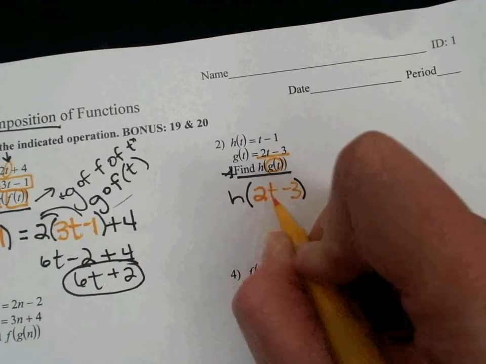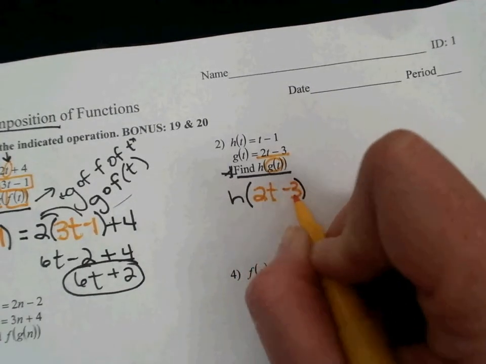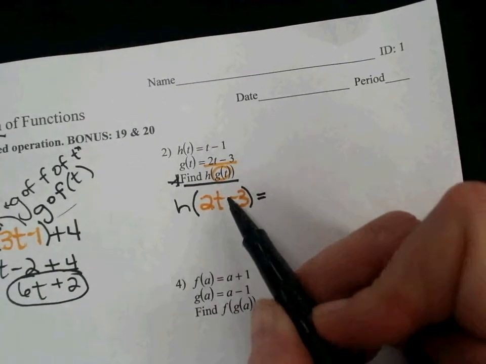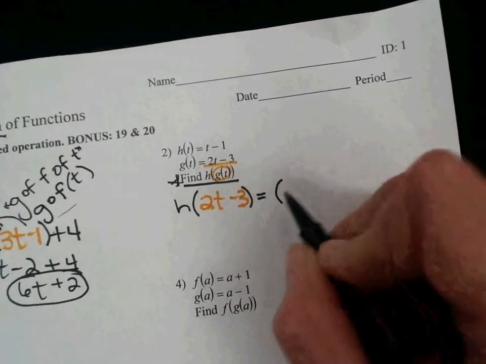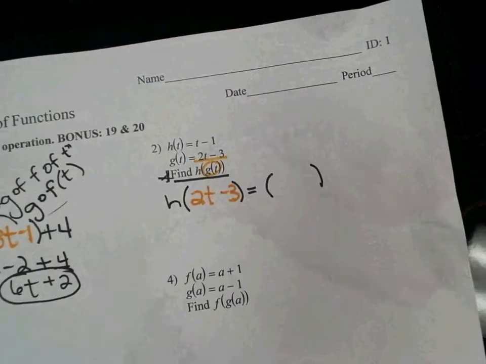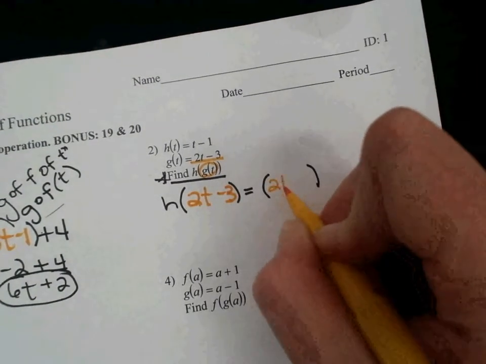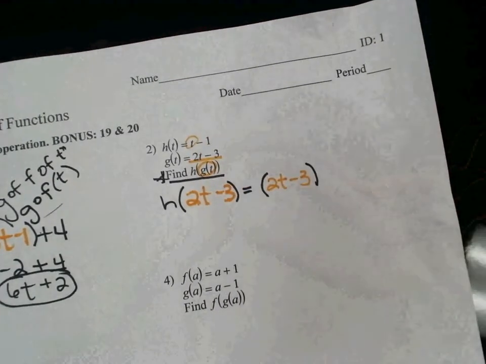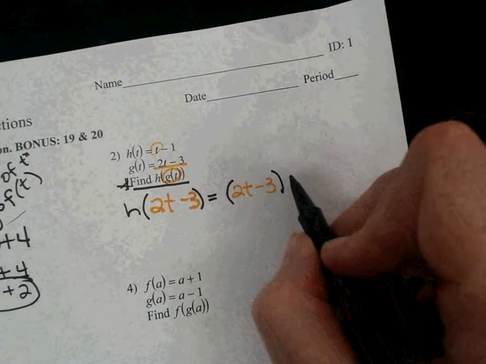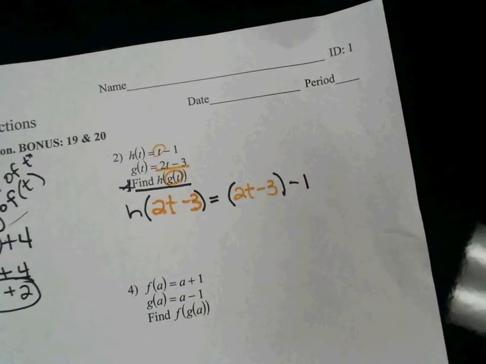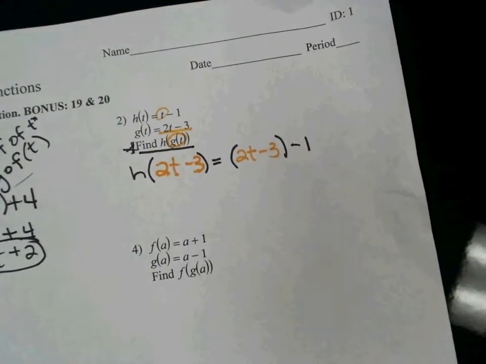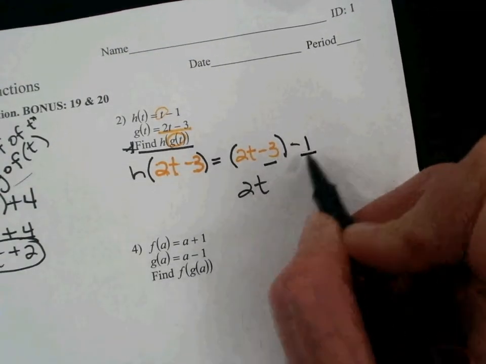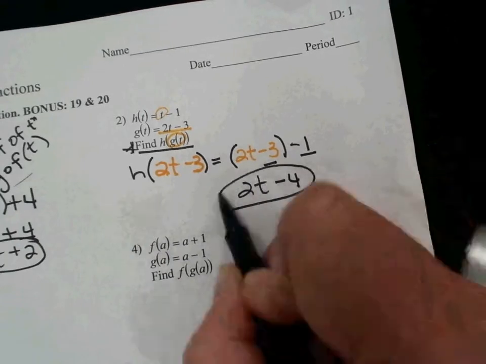So h of 2t minus 3 equals, where there's a t, I'm going to write my g function in, 2t minus 3. Whatever's here goes in for your variable. And then minus 1. Now we can just simplify, so that's going to be 2t, and then the minus 3 and the minus 1 make a minus 4.